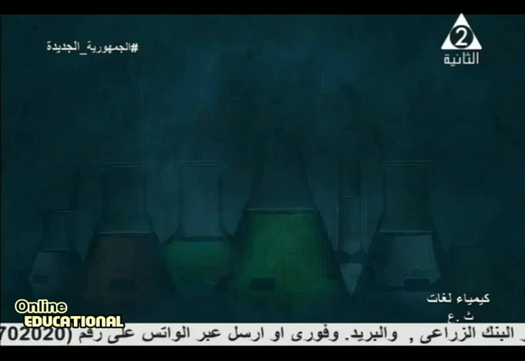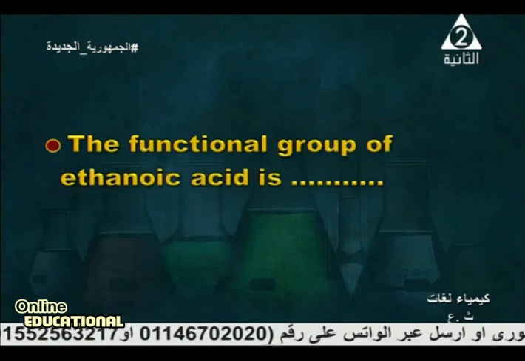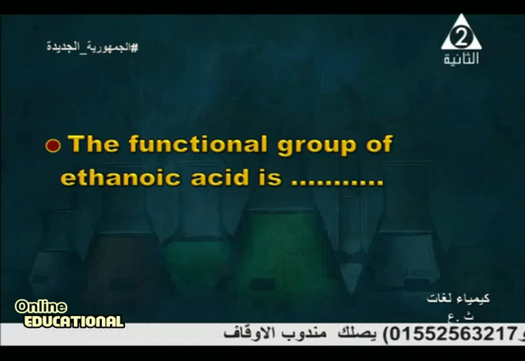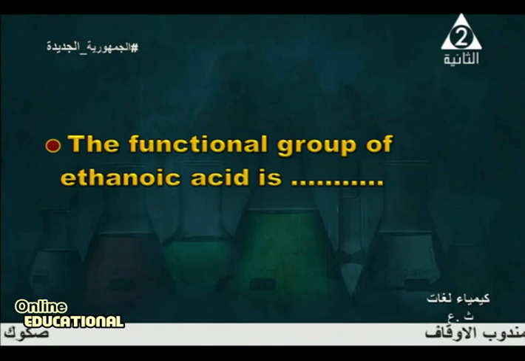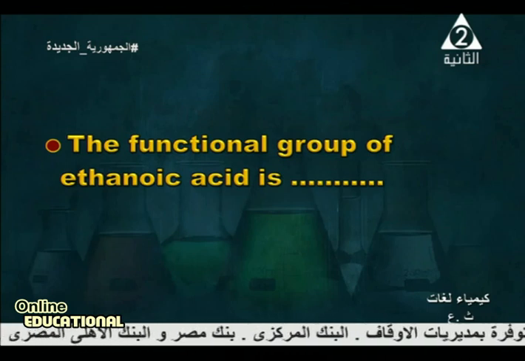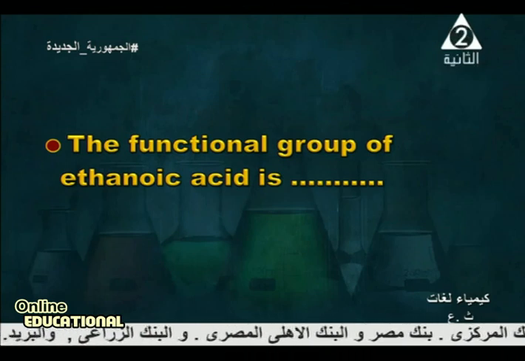After that, for this question, functional group, put many lines under the word functional. Functional group for what? Ethanoic acid. Yeah, ethanoic acid. We learned it many times. Acid has a main function.